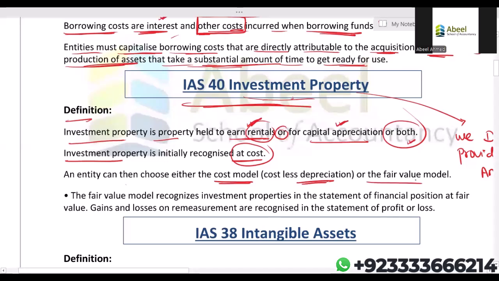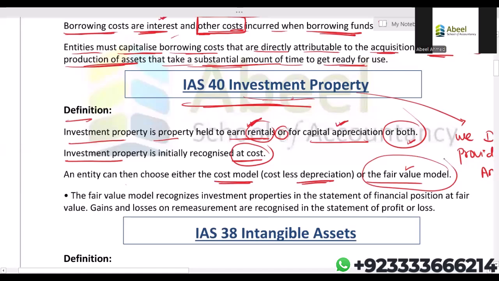In case of fair value model, whatever change comes in the fair value directly goes to P&L, we do not depreciate the investment properties where we are using which model? Fair value model. And always remember one point. Students, investment properties, try to understand. Logically, investment properties should be kept under fair value model. Why?